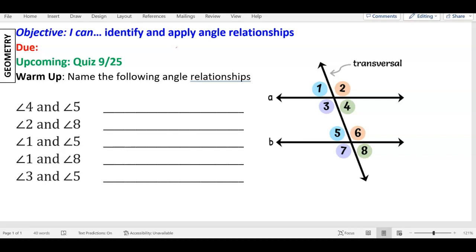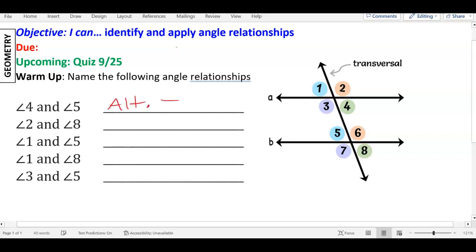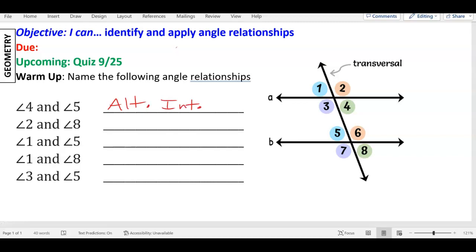You gotta look. Don't look at your phone. So these are called interior angles. So we call that alternate interior angles. Go and write alt int, alternate interior.